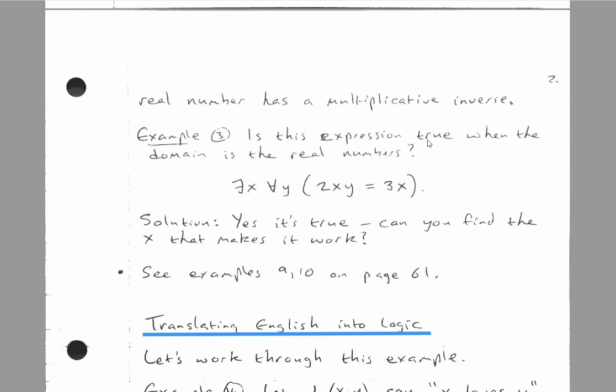Next example: is this expression true when the domain is again the real numbers? There exists x so that for all y, 2xy equals 3x. All right, so we're looking for a real number x so that whatever y is, this is true.